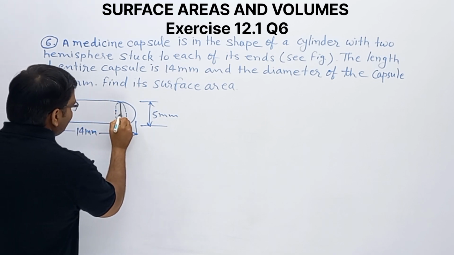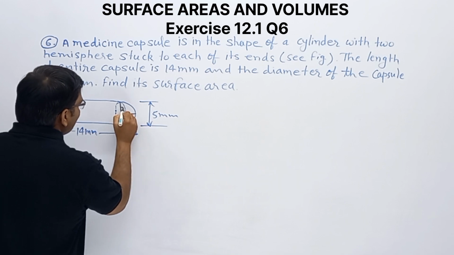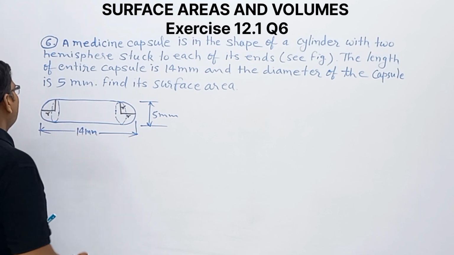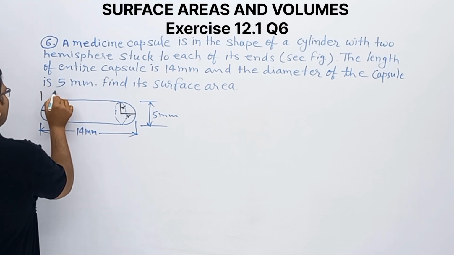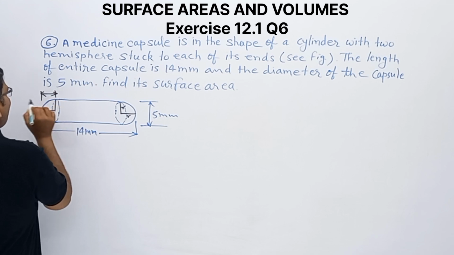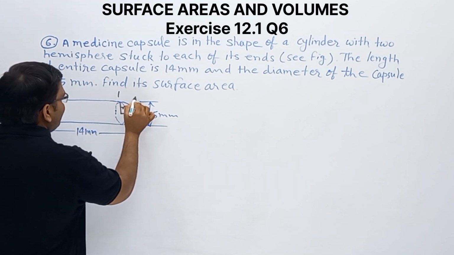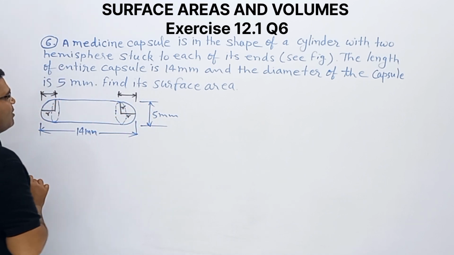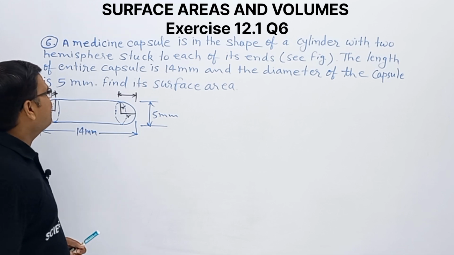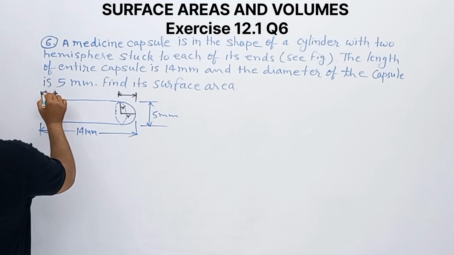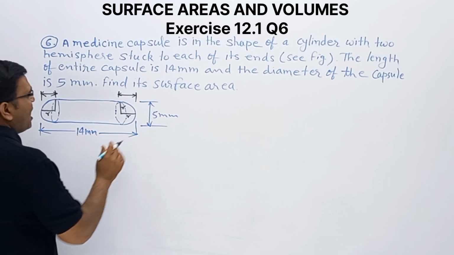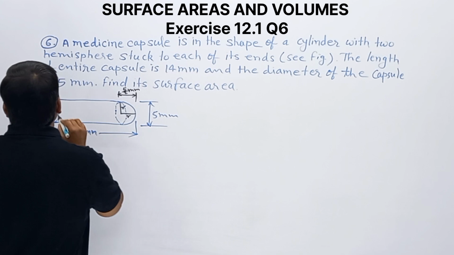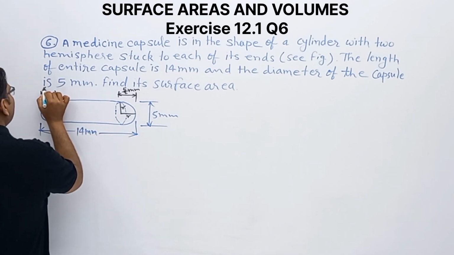From this point to this point is the radius, 5/2 mm, and from this to this is 5/2 mm. It is the radius of a hemisphere, half of the diameter. This one is 5/2 mm, and this one is also 5/2 mm.